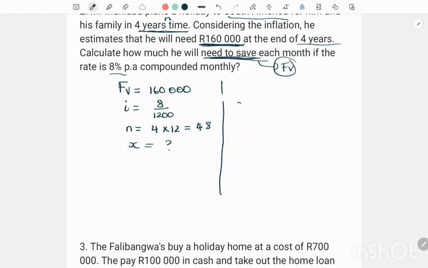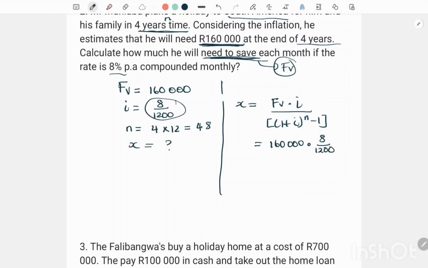You start with x. x is equal to future value multiplied by the interest, all over (1 plus i) exponent of n minus 1. Then the future value is 160,000 multiplied by 8 over 1,200, all over (1 plus 8 over 1,200) exponent of 48 minus 1.